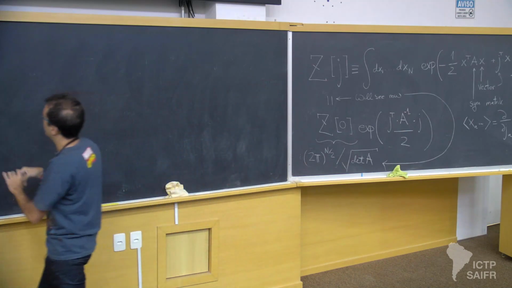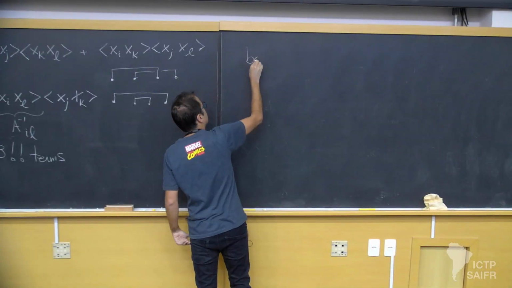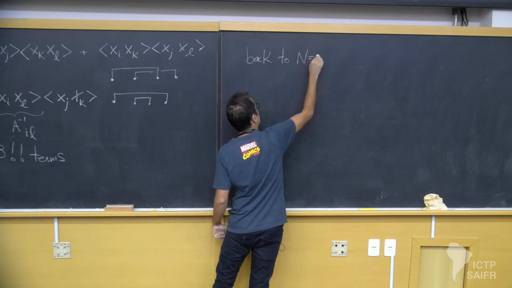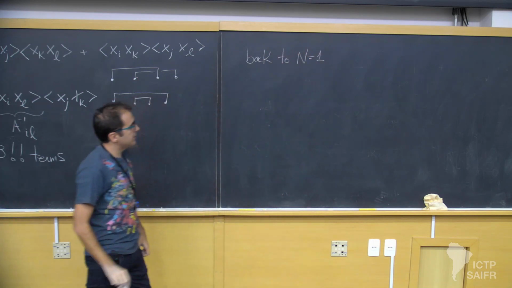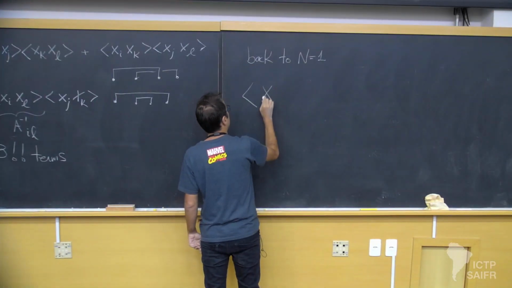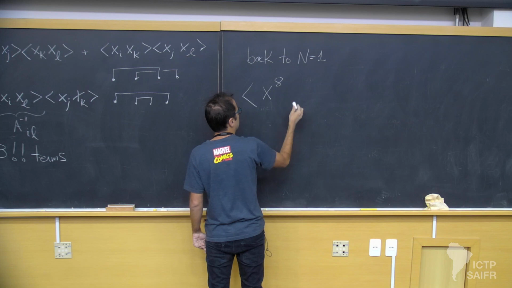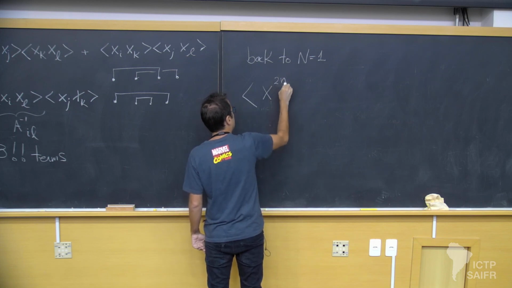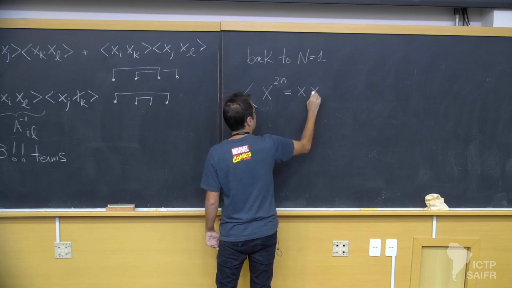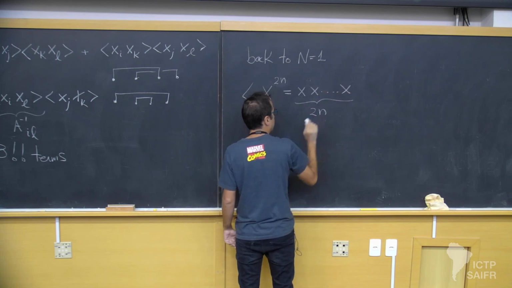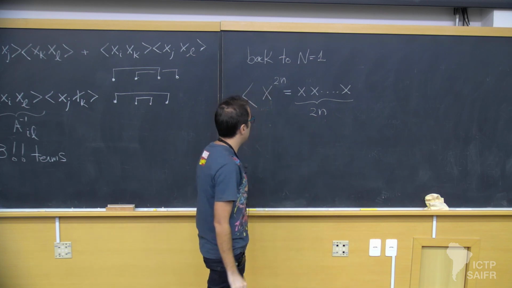For example, let's make a small parenthesis and go back to the case with one component. Then we have the expectation value of x to the 2n, which is x, 2n times, right?